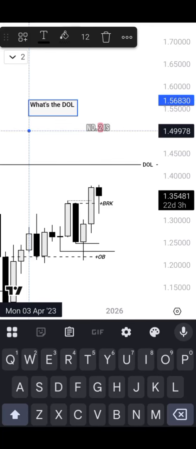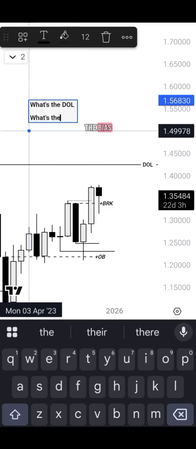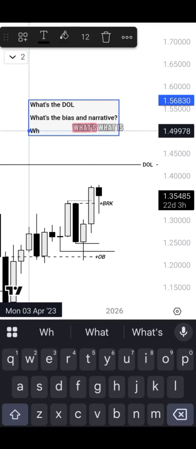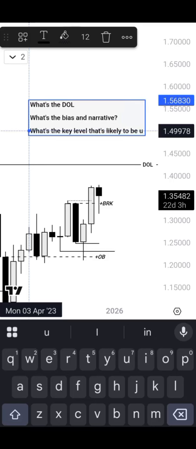Then question number 2 is what's the bias and narrative? That's question number 2. Then question number 3 is what's the key level that is likely to be used?